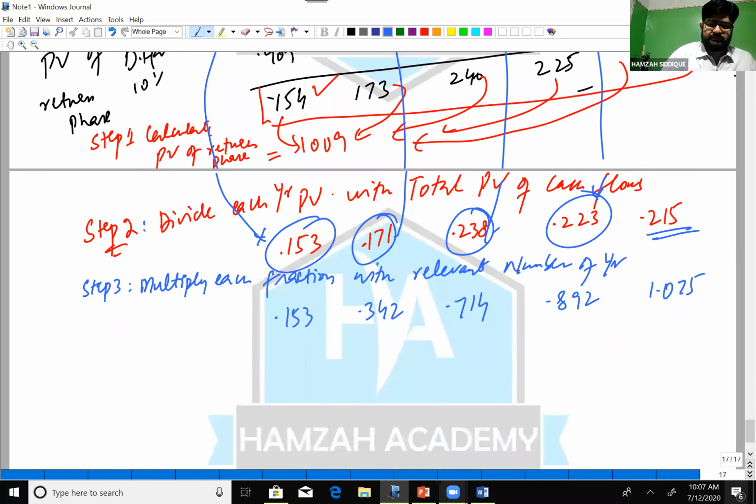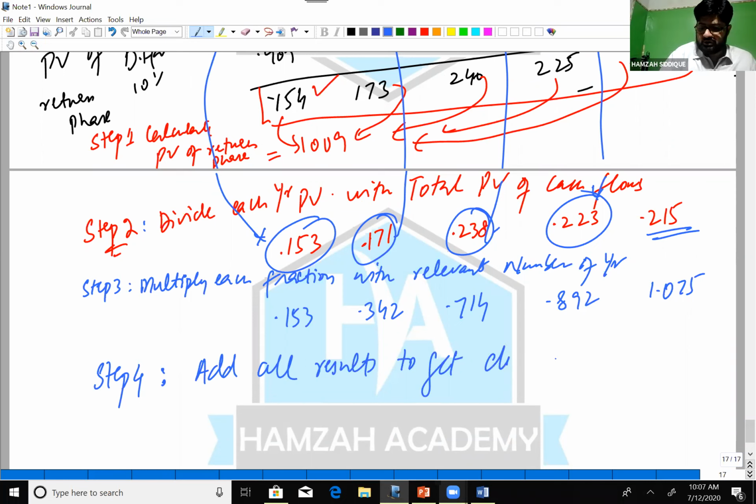Step number 4: add all results to get duration. So 0.153 plus 0.342 plus 0.714 plus 0.892 plus 1.075 is 3.176.